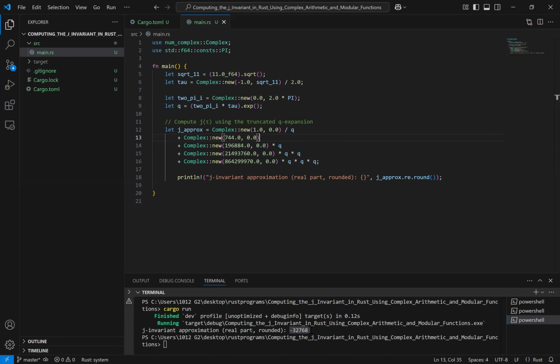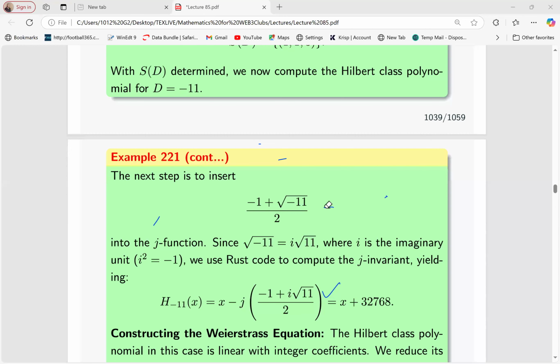Now, we have gotten our J invariant as -32,768. Now we go back with it, and it will assist us to choose the curve from one of the formats we had. So this is what I got.